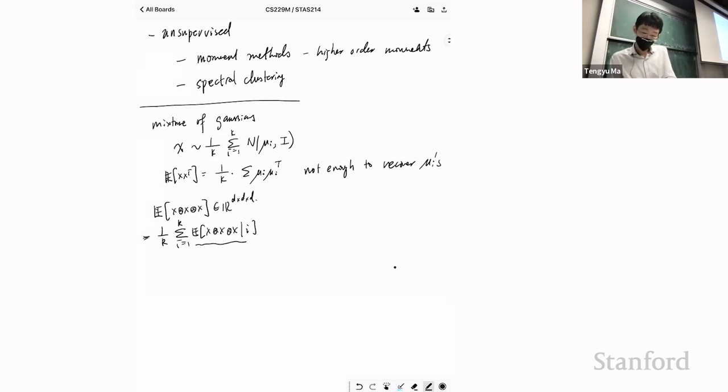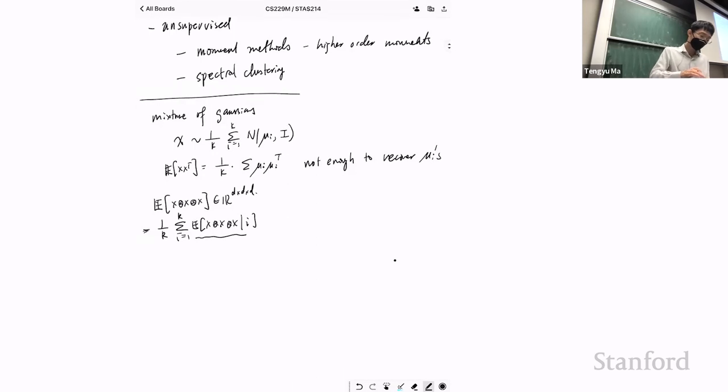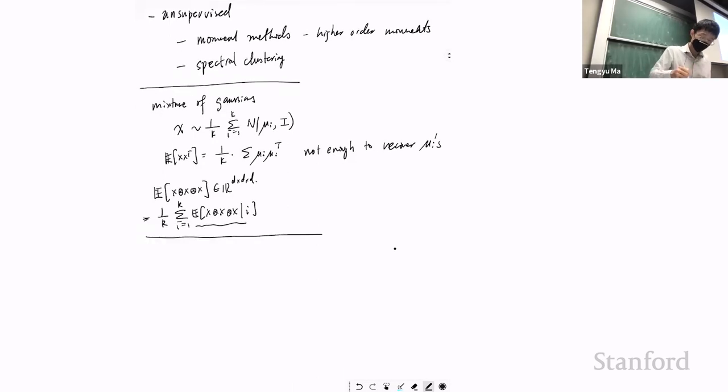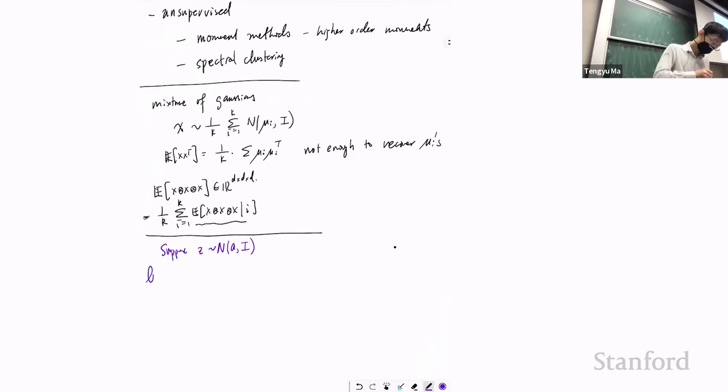Let's do a simplification, an abstraction in some sense, so that we can make the notation simpler. Suppose Z is from some Gaussian with mean, let's call it a, to distinguish it from the other means, and covariance identity. Then you have this lemma.